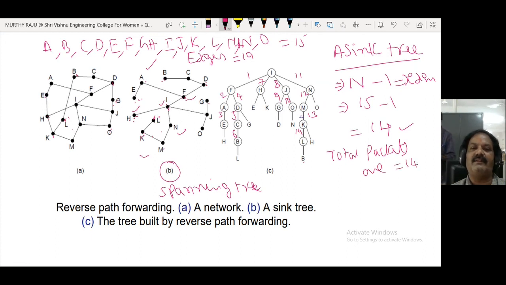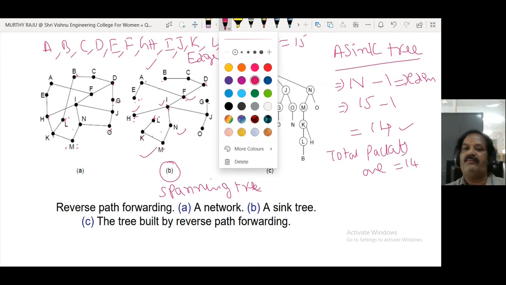By considering the main graph, count the total number of duplicate packets.